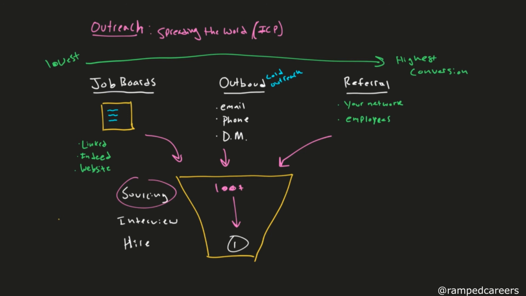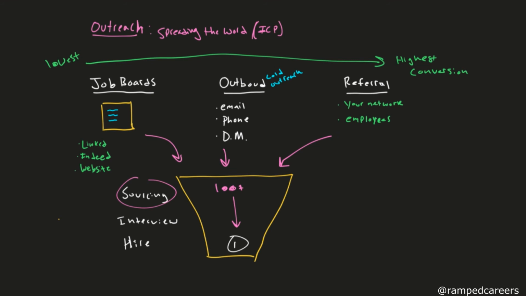There's a very low barrier of entry to people applying on the job board to your job. So you're going to get, frankly, a bunch of garbage there. You're going to get a bunch of people that are unqualified, that don't fit your ICP. They didn't read the job posting. They're just mass blasting their resume all over the website or all over the internet. So job boards are pretty low converting, meaning it's going to take hundreds of people applying to your job to find that one great candidate.